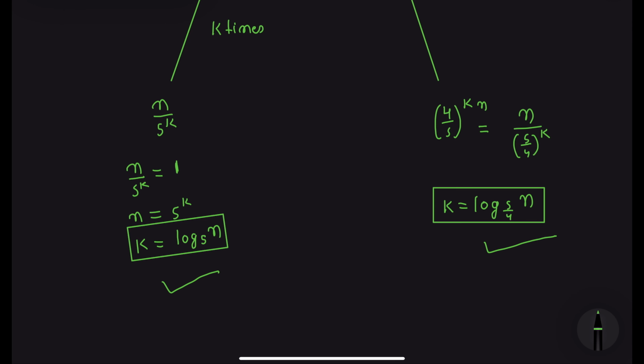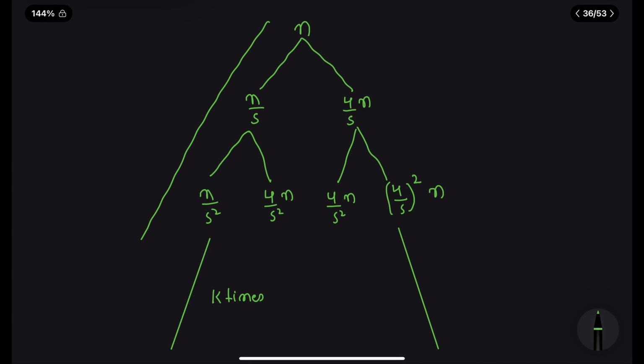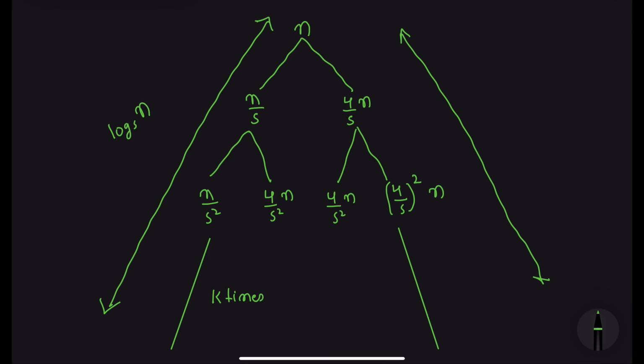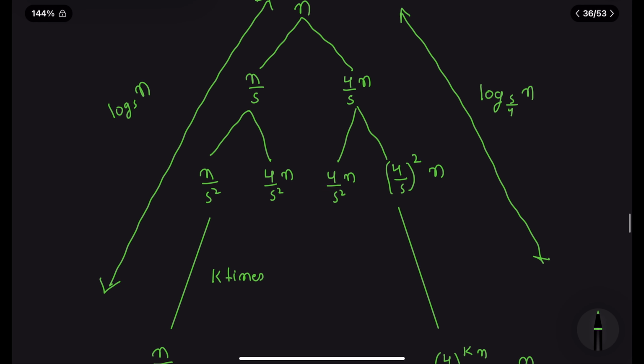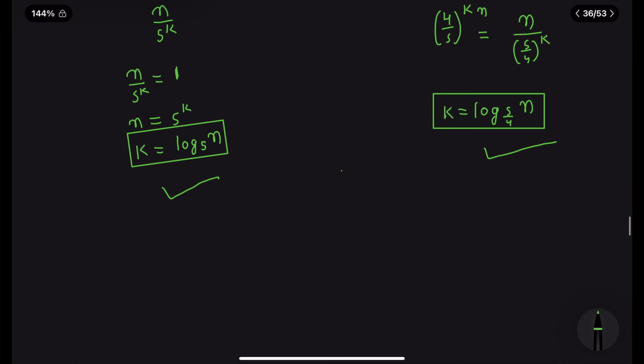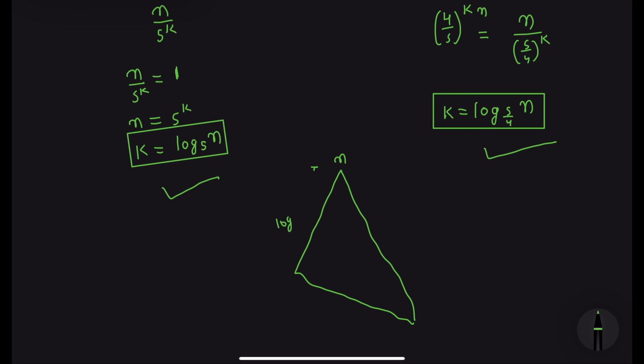So we can say this length will be equal to log base 5 of n, and this side will be equal to log base 5/4 of n. You can see the shape of the tree will be like this. This will be n, and the length here will be log base 5 of n, and the length here will be log base 5/4 of n.